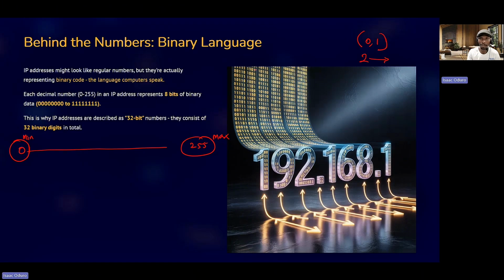So if I write an IP address like this, 192.168.153.173, and then I also write 192.156.275.2, which one of these two IP addresses is wrong?